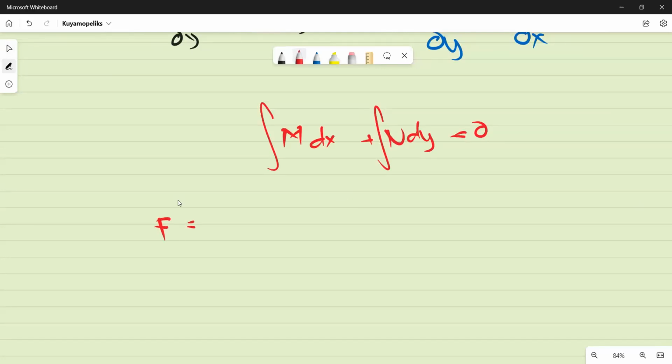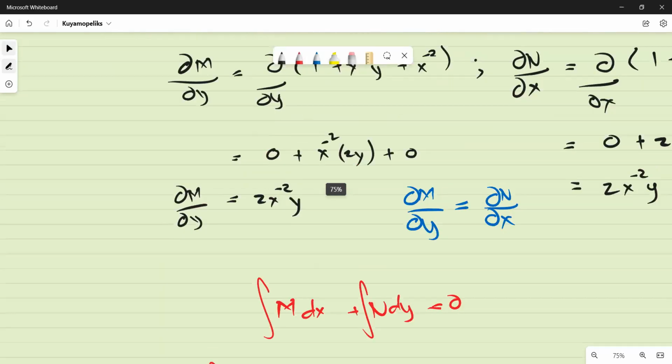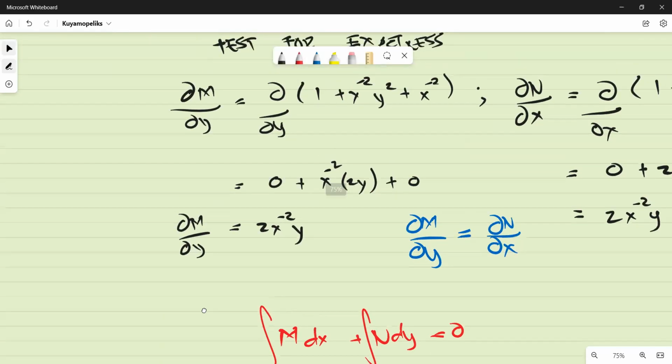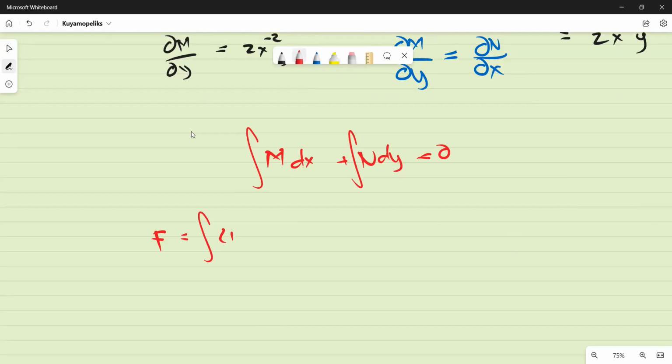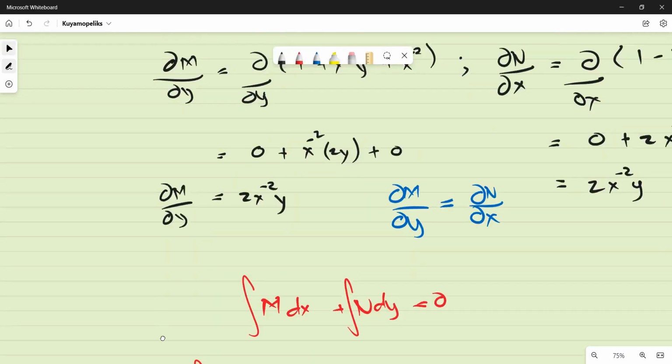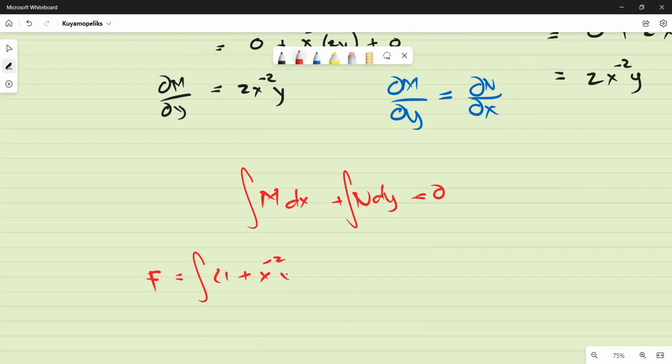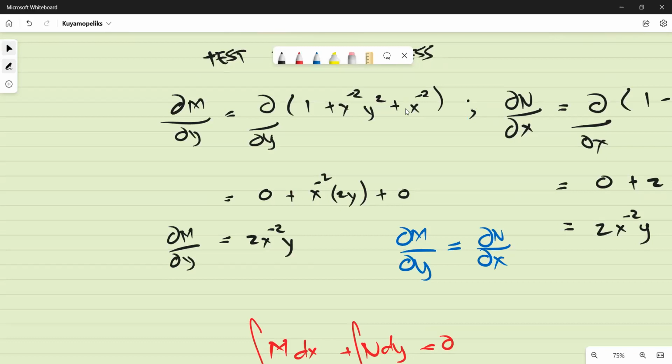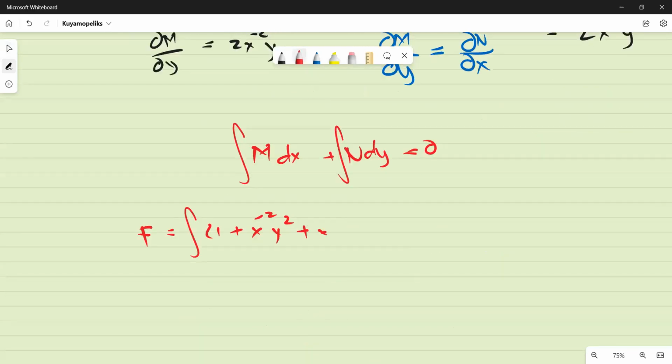F is equal to the integral of 1 plus x negative 2 y squared plus x negative 2 dx.